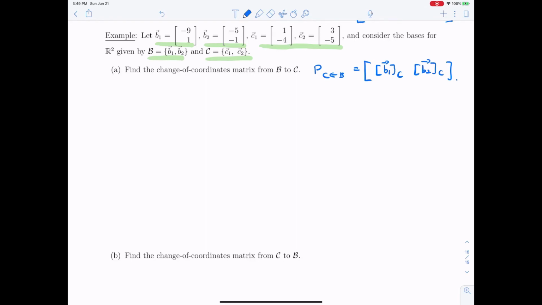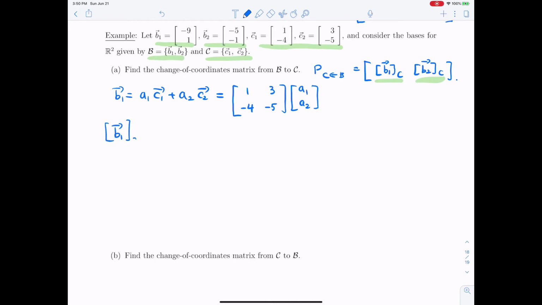So here, to find the change of coordinate matrix, we have to find the C coordinate representation for B sub 1 and B sub 2. In other words, we have to solve for this as a linear combination of C1 and C2. If you write this as a matrix equation, this gives you the matrix [1, -4; 3, -5] times A1 and A2. So the C coordinate vector for B1 equals A1 and A2.